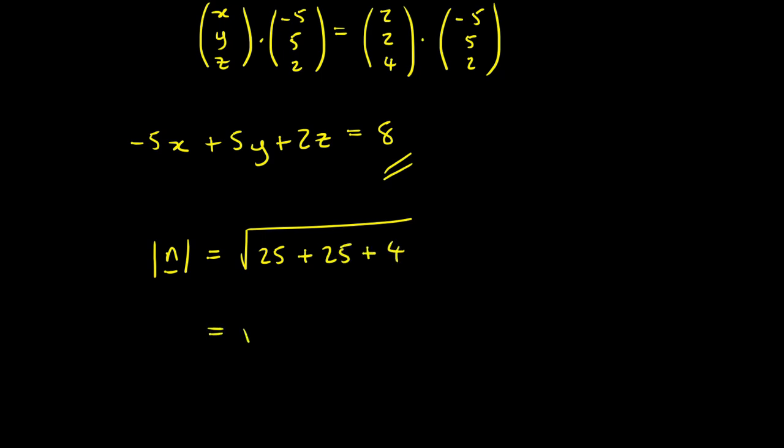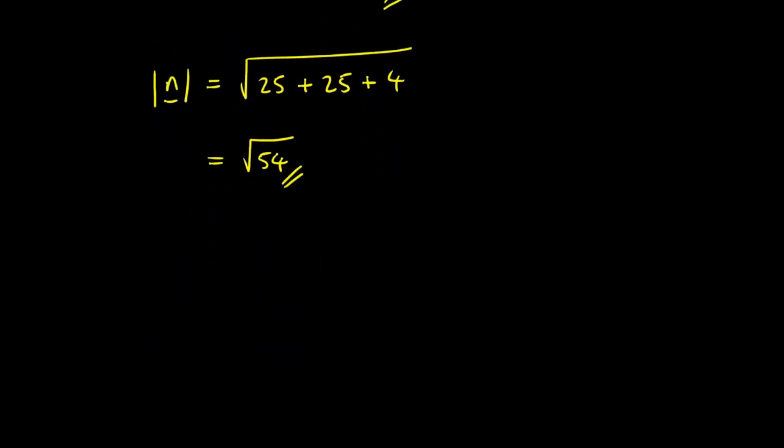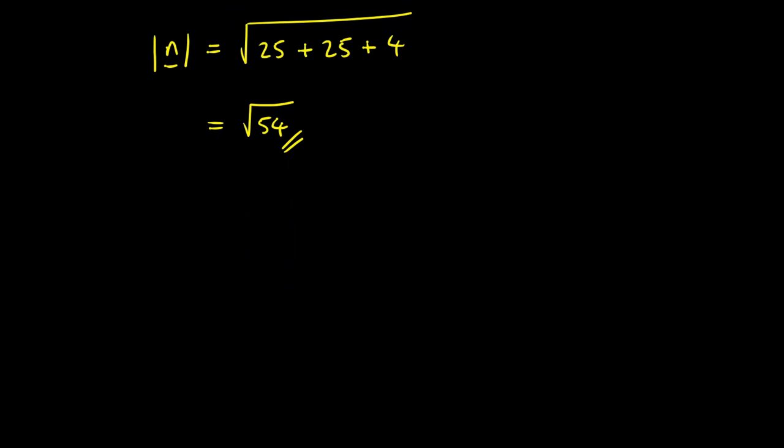So that's going to be the square root of 54. If I take that number 8 and divide it by root 54, I get the shortest distance from the origin to the plane. So the perpendicular distance from the origin to the plane will be equal to 8 divided by root 54.